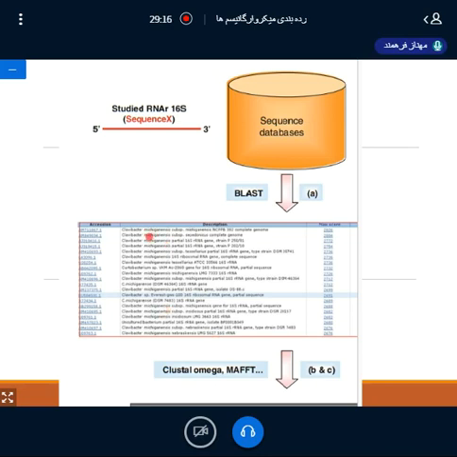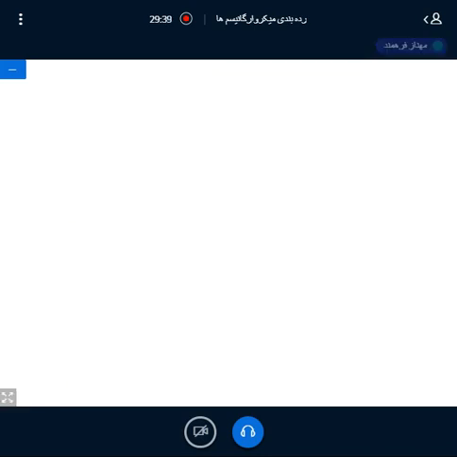You can see here the list of bacteria, such as Clavibacter, that are proposed as what our sequence X is, depending on their similarity. Okay, and here I told you this is the continuation of the picture.